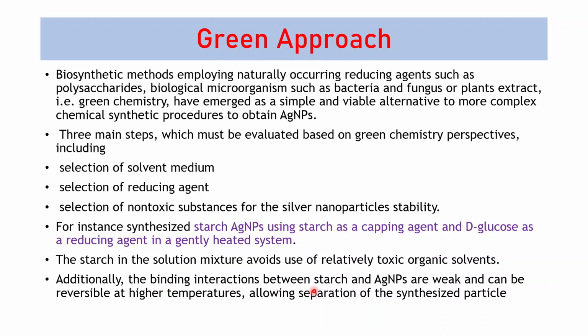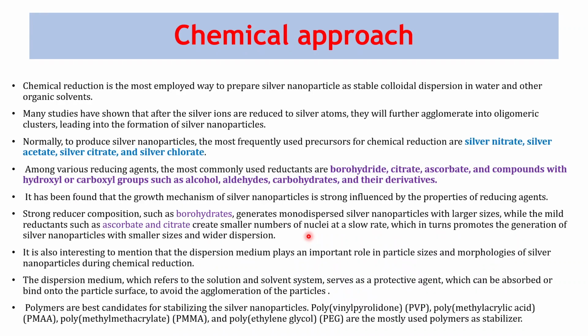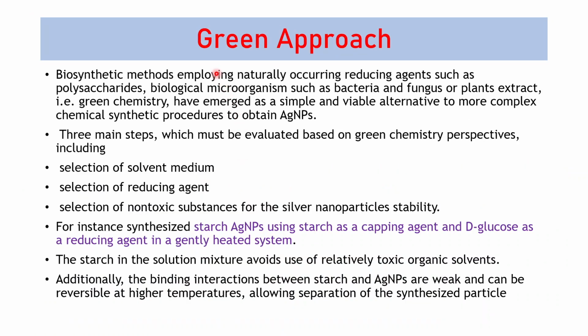Additionally, the binding interaction between the starch and Ag nanoparticles is weak and can be reversible at high temperature, allowing separation of the synthesized particles. Especially, the capping agent starch and the D-glucose: if we use these two with a precursor of either silver nitrate, silver acetate, silver citrate, or silver chloride, this is called a green approach.